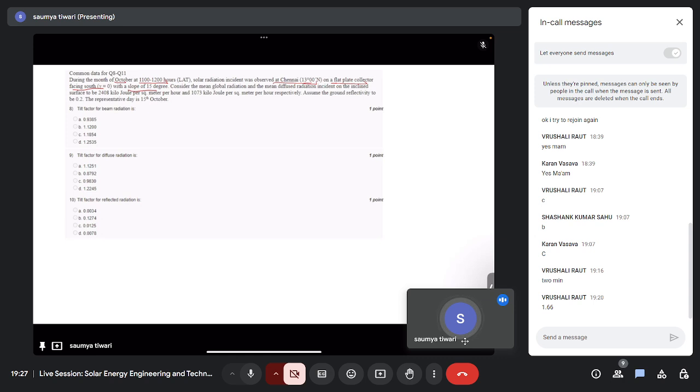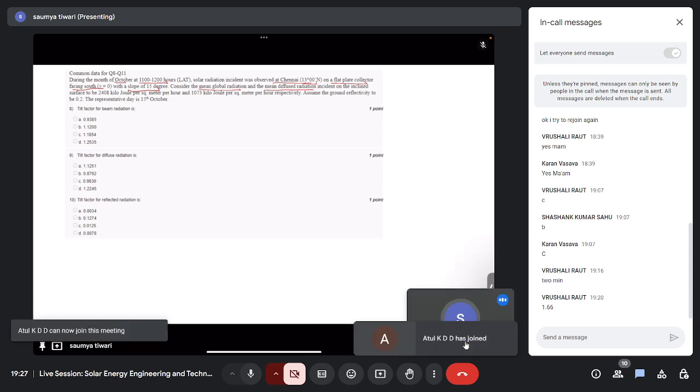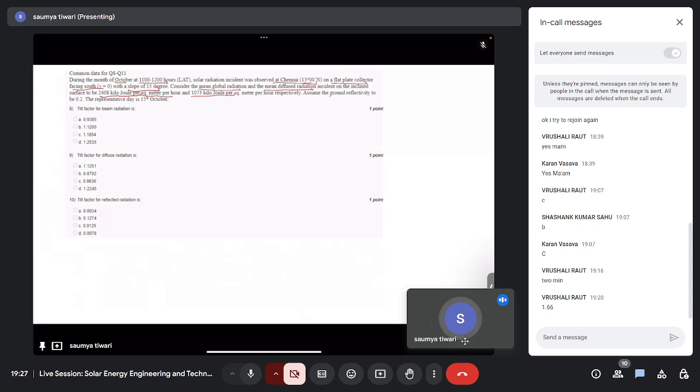Consider the mean global radiation and mean diffuse radiation incident on the inclined surface, given in kilojoule per meter square per hour respectively. Assume the ground reflectivity to be 0.2, and the representative day is given already, 15th October for the October month. Now you have to calculate the tilt factor for beam, diffuse and reflected radiation.